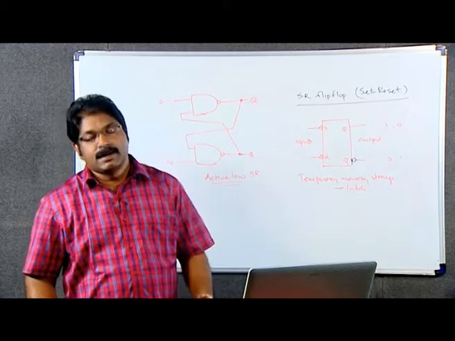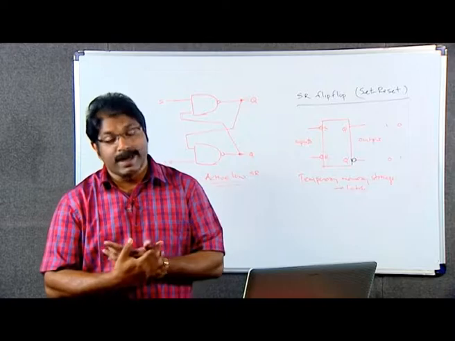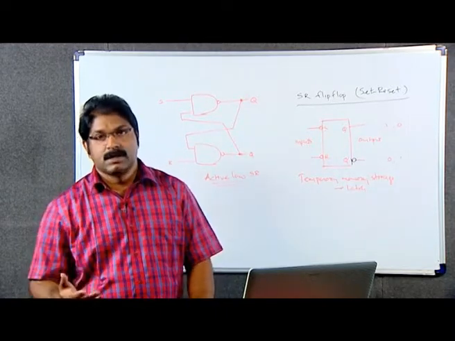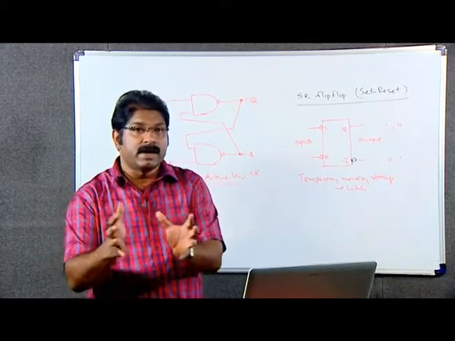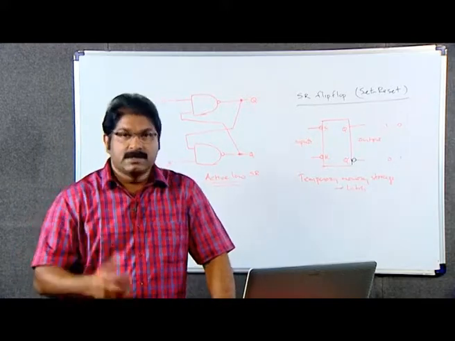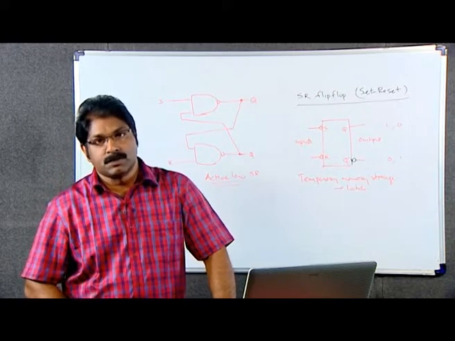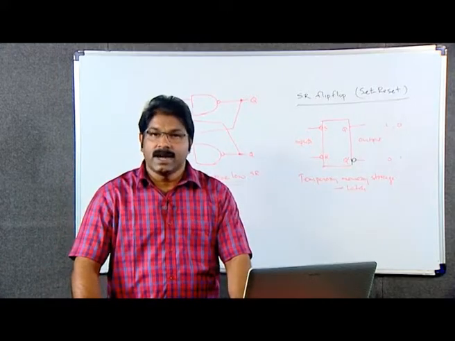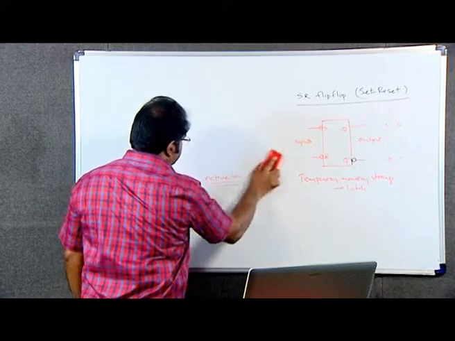Now, as I said earlier, every digital logic circuit should have and will have a truth table. The truth table is a representation of the logic behind that particular circuit, and we should know the truth tables of these flip flops. We will start with the active high flip flop, which is made from NOR gates.